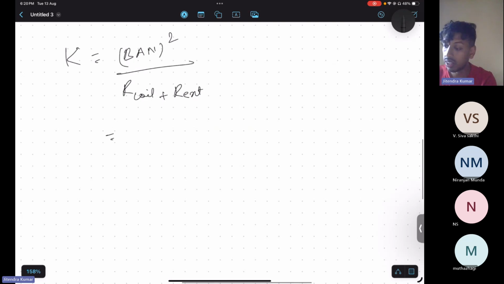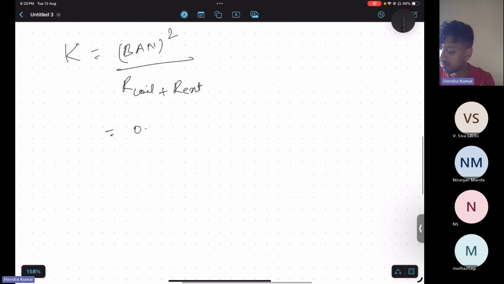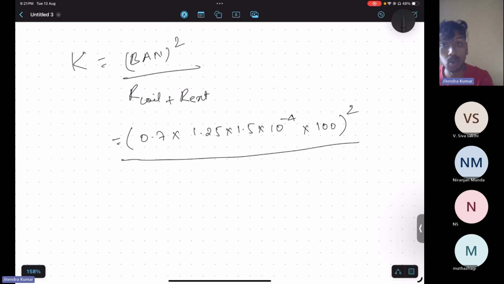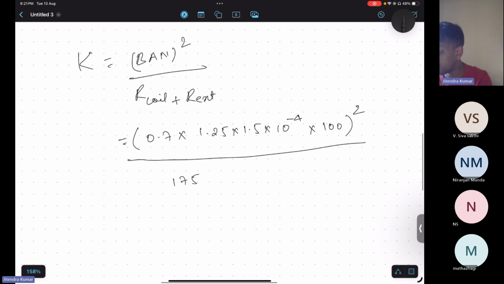B was given in this problem: 0.7, into area 1.25 into 1.5 into 10 raised to power minus 4, because all of them are in centimeter, and number of turns is 100, divided by R coil 175 plus R external given in this part, that is 125 ohm, isn't it?